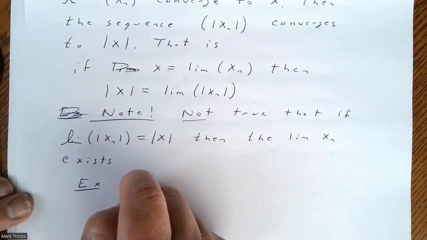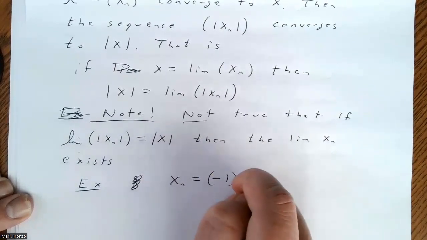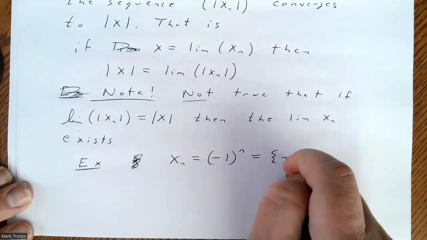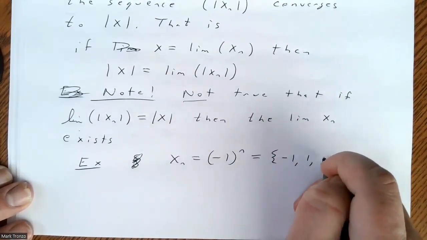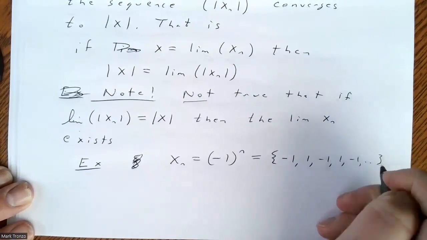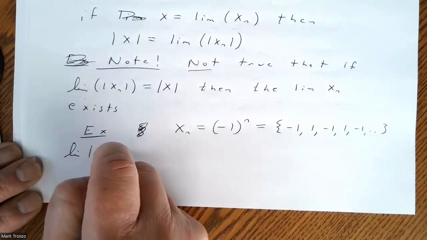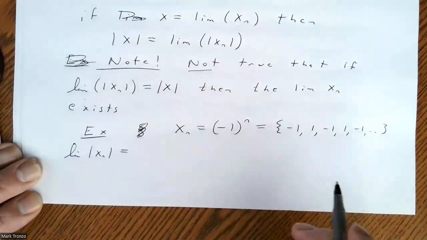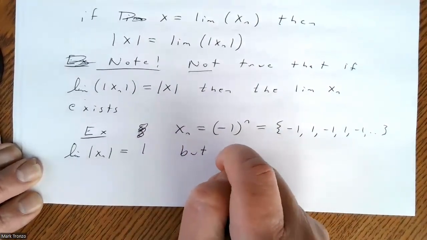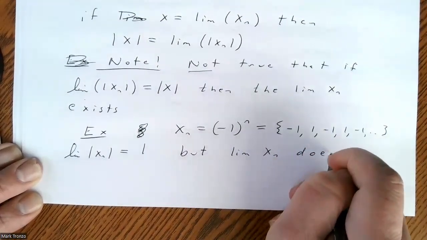Say if you consider Xn equals (-1)^n, which is going to be -1, 1, -1, 1, -1, etc. The limit of the absolute values of this is obviously going to make all of these 1, so it's going to be 1, but the limit of Xn does not exist.